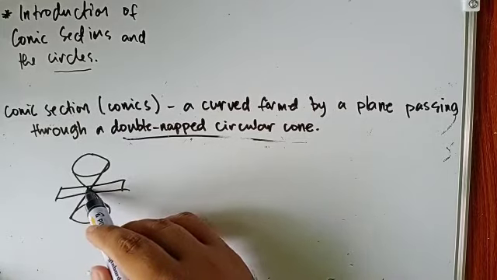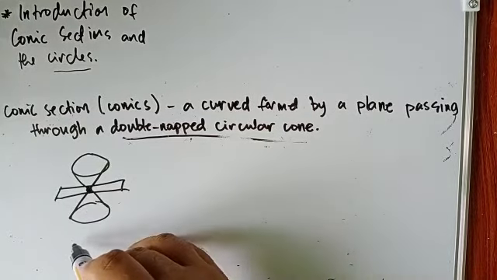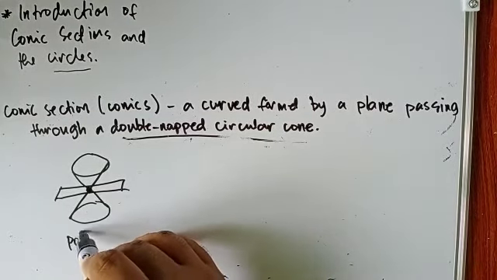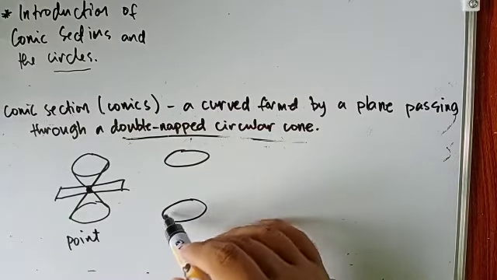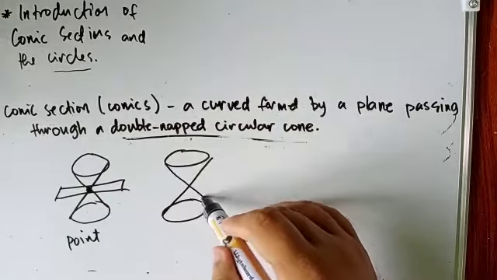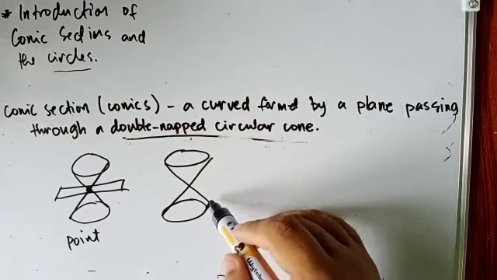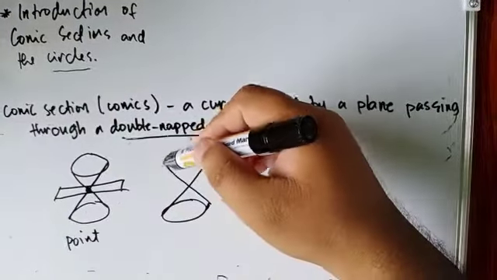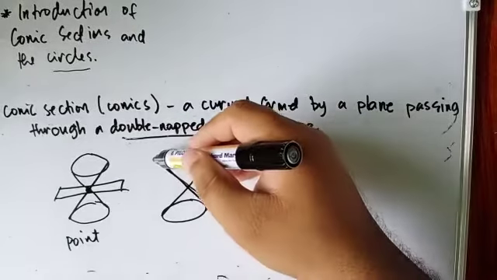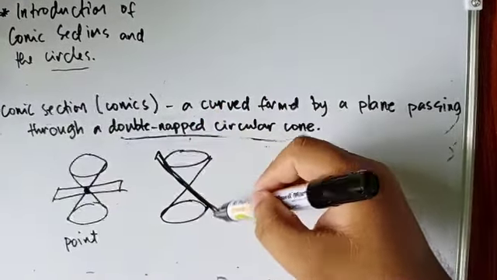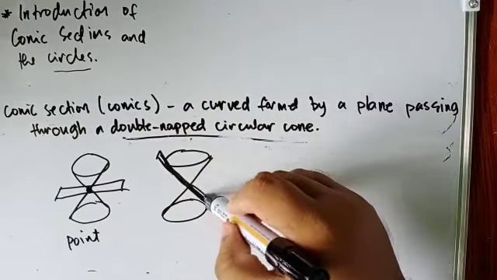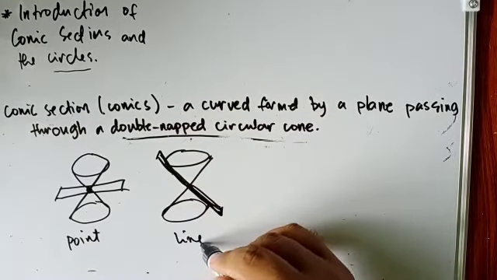The intersection niya dyan would be a point. Very good. So, let's have another double napped circular cone. Tapos, yung plane natin, ilagay natin dito. Dyan. Imagine nyo lang. So, makaka-create siya ng line.